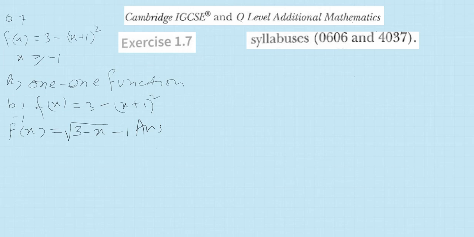Now the part C. Part C is to draw a function and its inverse. So first we have to write the given question again.